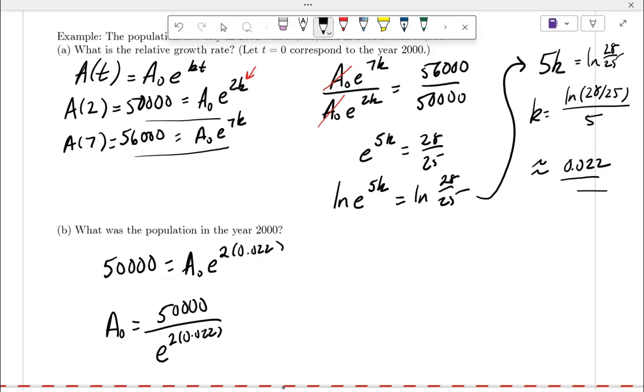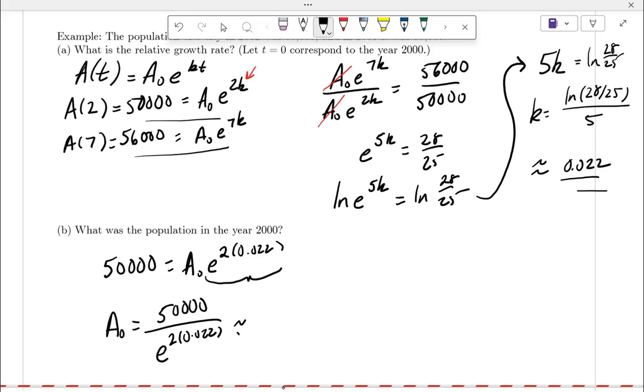And you can do it in steps if you want to. You can compute this number in your calculator and then divide it over. Just try to keep as many decimal places in your calculator as you can so that you don't compound rounding errors from step to step.